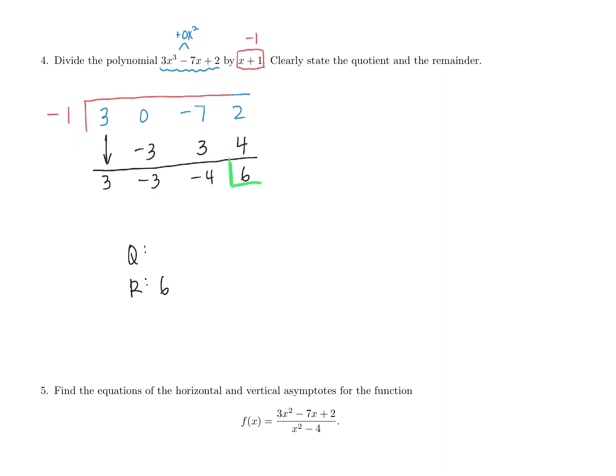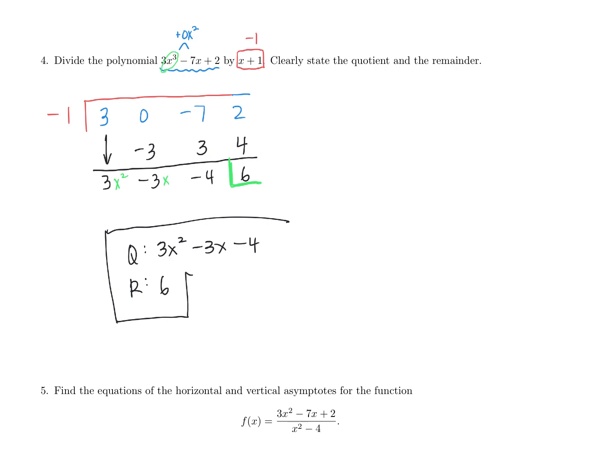Your quotient, remember that what you're doing is you're bumping this down a level. So if you started with an x cubed, you're going to end up with an x squared and an x here. So that means we're going to have 3x squared minus 3x minus 4 as our quotient. Make sure you label them.